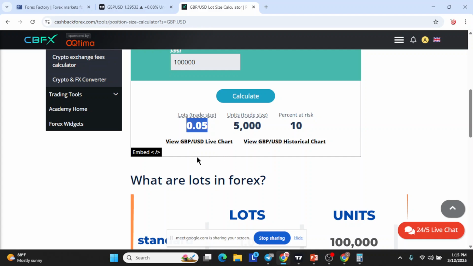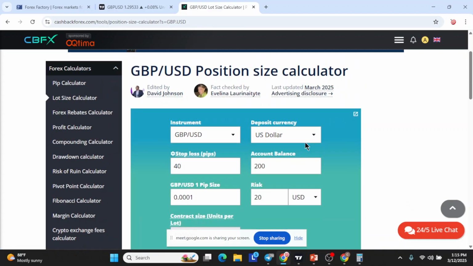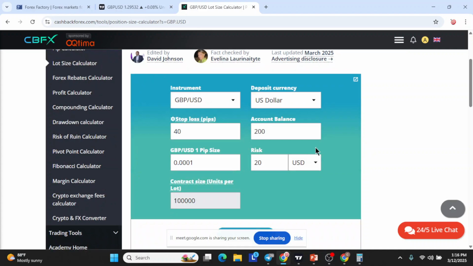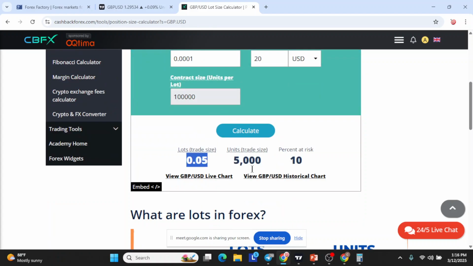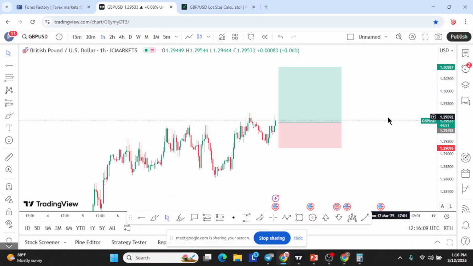Then we go to our trading platform to place our trade. We know the stop loss already, and then we just put on our trade. So this helps us to know the right lot size to use on a trade. With this, we would not be risking too much on a trade.